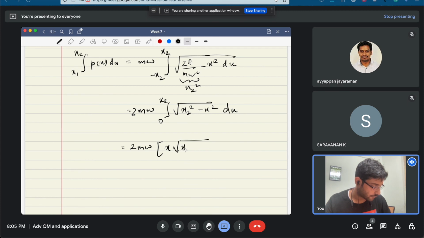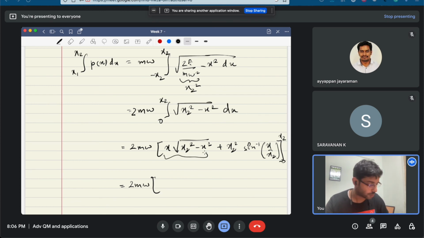It's given in this form, or I believe you might have already done it in your previous courses. So we have 0 to x2, and putting in the values: if you put x2 here, this is 0, so this term is anyway 0.